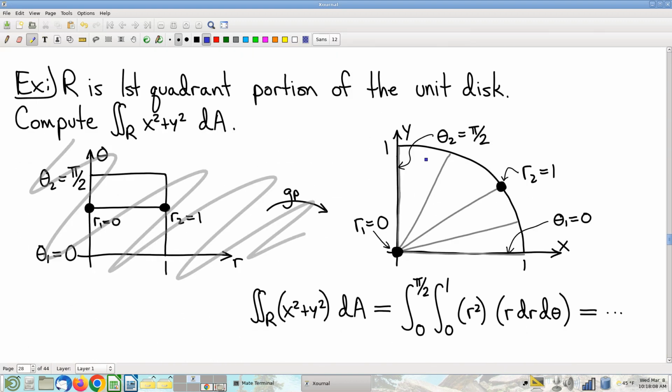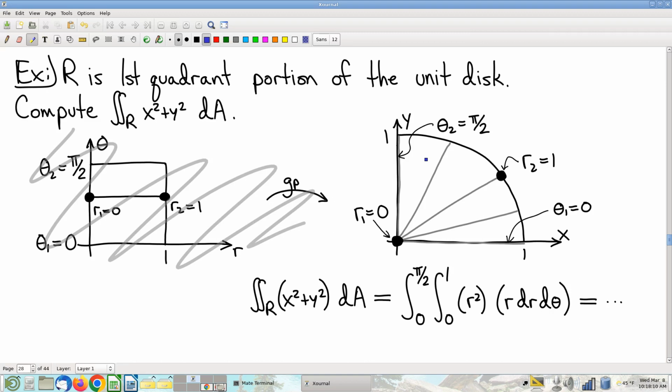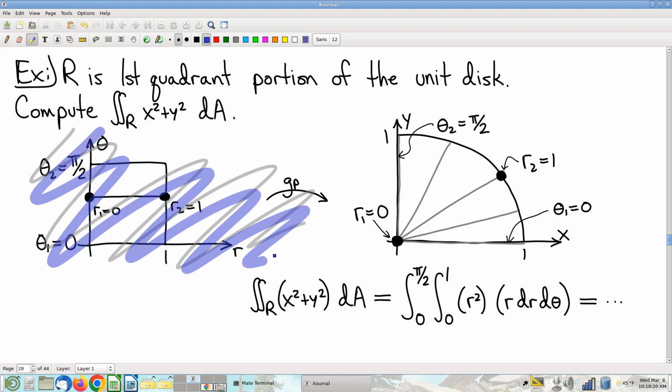So revisiting the exact same example, notice I have here my r theta plane and my pullback domain, and you could think of the slicing process there, but notice I've got that scratched out.